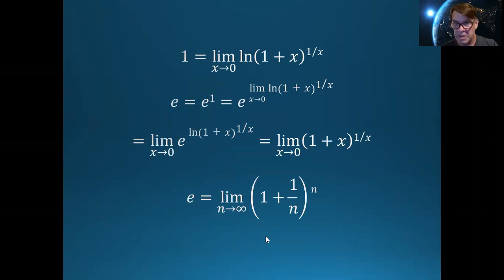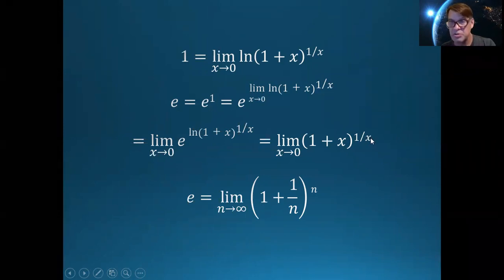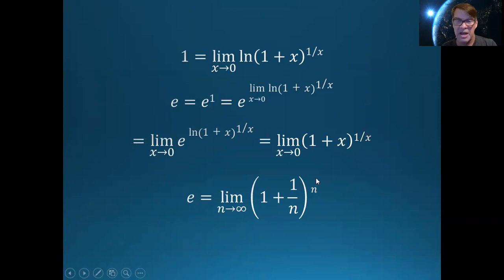So 1 over x becomes n, and x becomes 1 over n. As x approaches 0, n approaches infinity. This is the nice and tidy way of defining e as a limit. You don't really have to do that because you can look up what e is, but this is it.